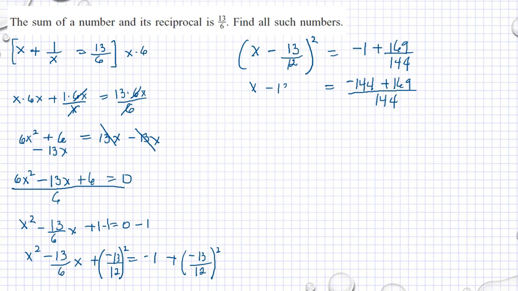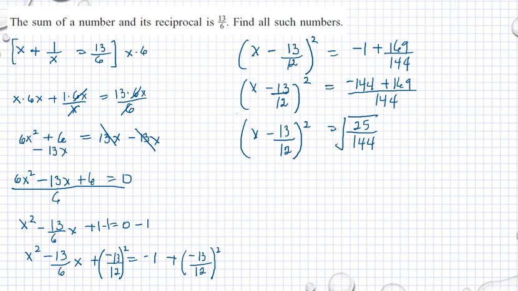So x minus 13/12, parenthesis squared, and this one now is 25. I hope so, yeah, it's 25 divided by 144. And we have x minus 13/12 squared.